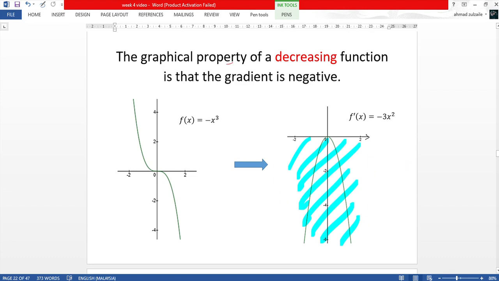This is the area where the gradient is negative. We remember earlier, negative represents f prime x less than 0. So this is an example, the function negative x cubed. Meaning, throughout the line, you have the negative gradient. Don't worry about the steepness. We're not really interested in the steepness. What we should highlight here is the sign of the gradient, so that when we sketch the graph of gradient f prime, it will lie below the x-axis.